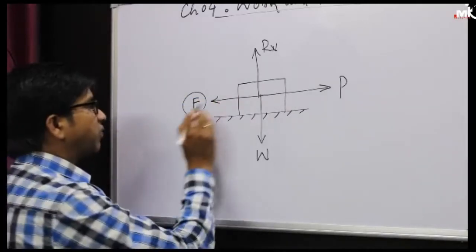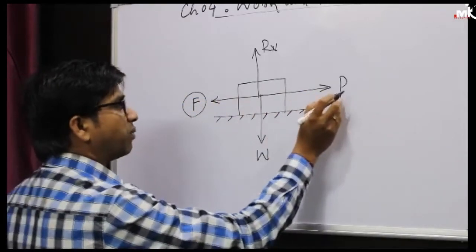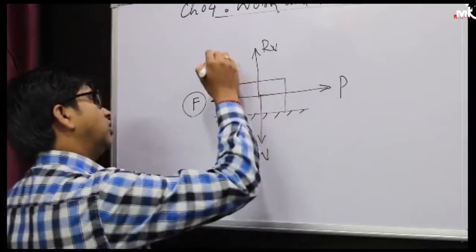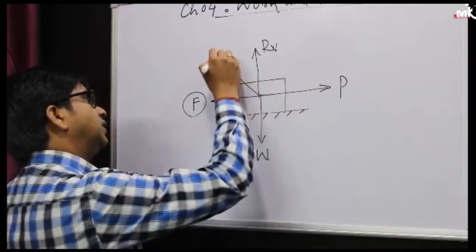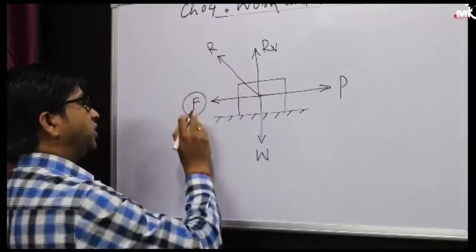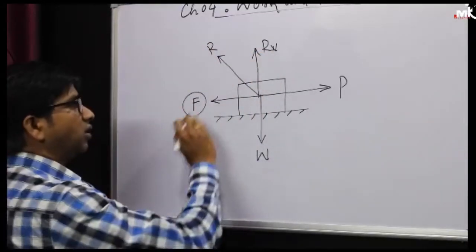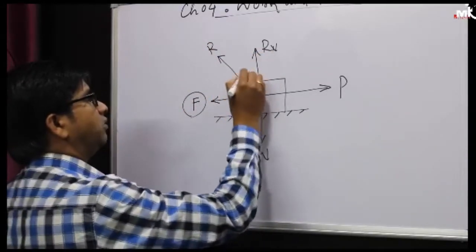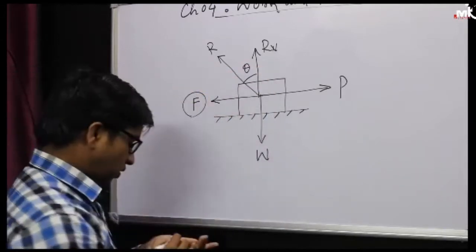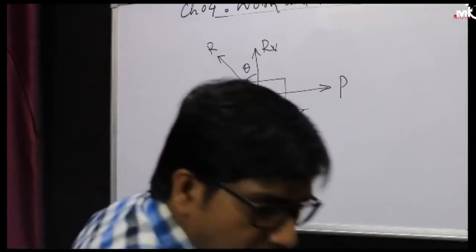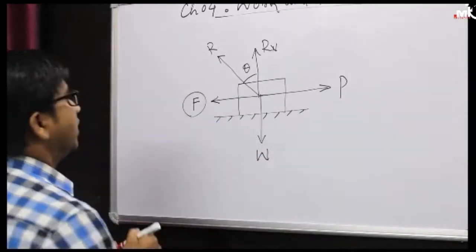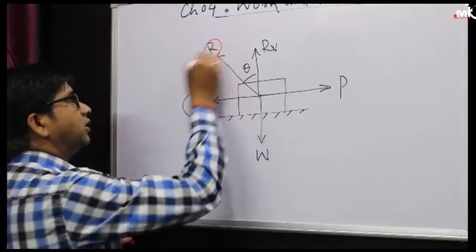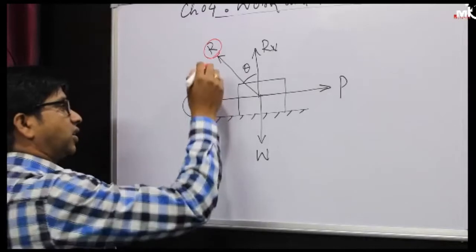In this case the frictional force and your applied force are opposite, and let this be the resultant of frictional force and normal reaction, which we earlier called the angle of friction. So this angle is the angle of friction. So this is the total reaction or the resultant.